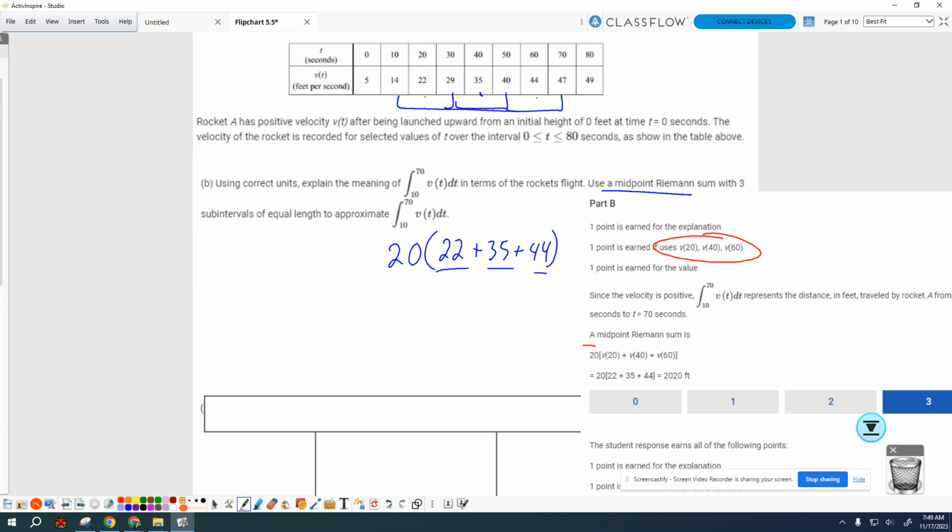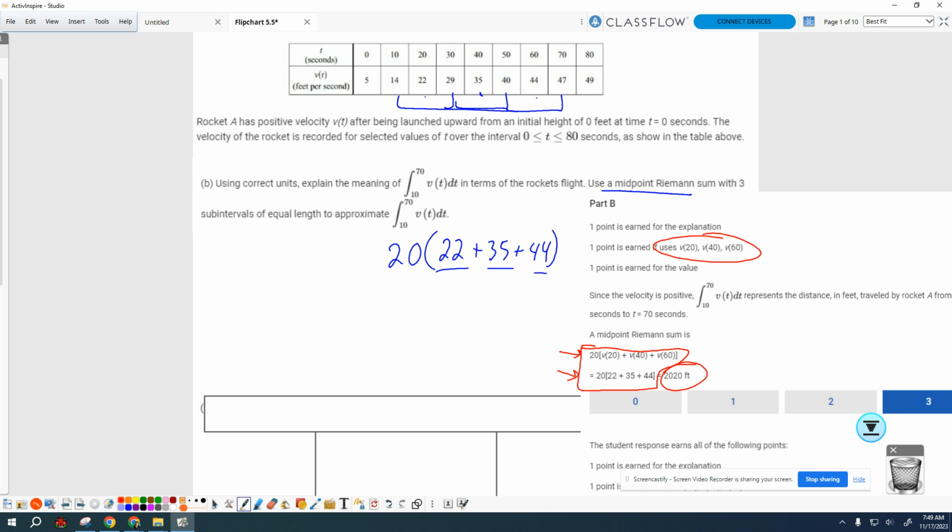So in the work that they're showing here, you need to show one of those lines. It's tedious. They need to see you chose the right midpoint, or you chose the left end. I need to see that you used the left end value or the right end value. So you needed to have one of those lines, either saying V of 20 or the actual value. And then the numerical answer with units, you get a point for that.